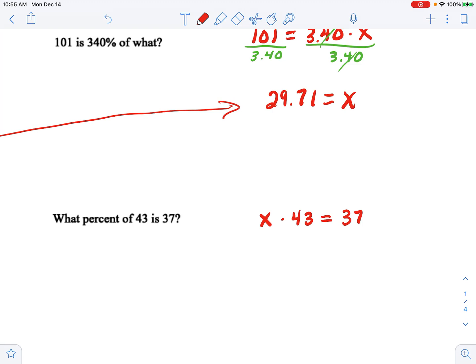So x times 43 equals 37. We're going to isolate x by dividing both sides by 43.